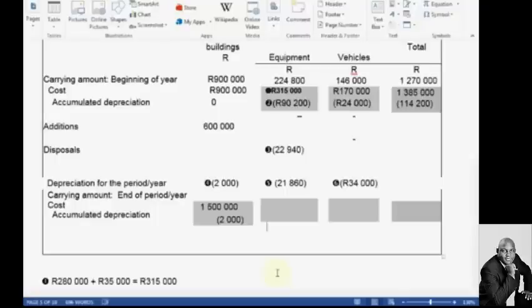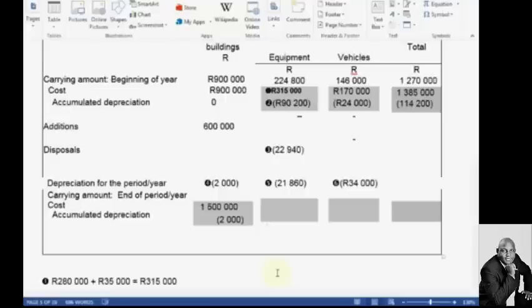Let's say the carrying amount at the beginning is 224,800. Okay, so don't forget that we sold a piece of equipment during the year. We also need to account for that.